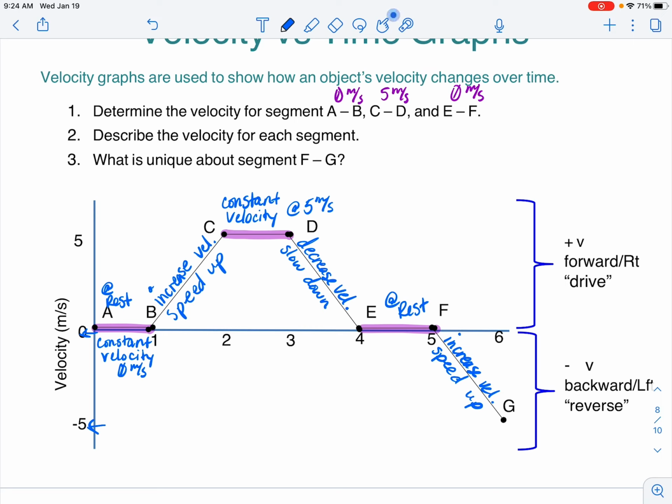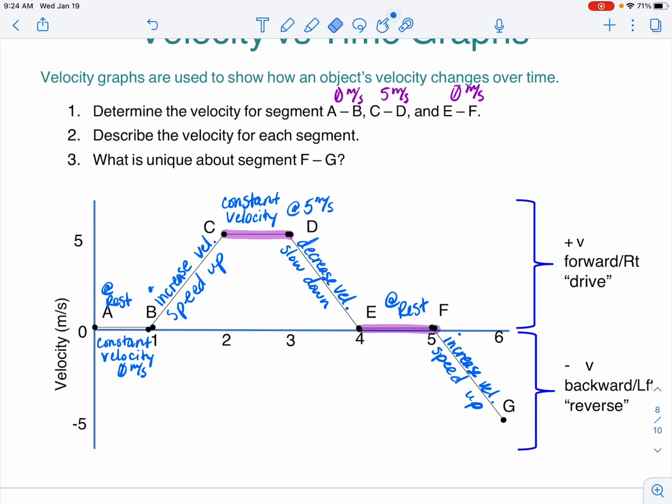I'm going to put it in reverse, and I'm going to press on the gas pedal so that the speedometer is going to increase in value. So my speedometer is going to go from 0 and increase to a value of 5 meters per second. However, I am going to be moving in the negative direction. So let's say that I put my car in reverse and stepped on the gas.